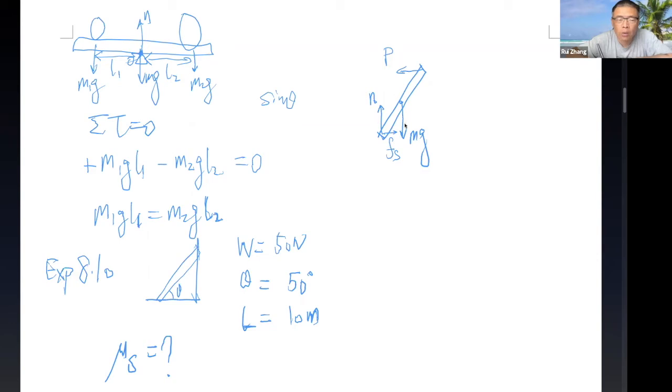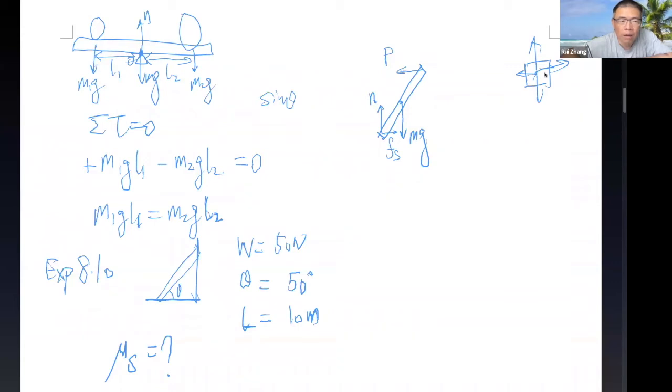As you see here, it is definitely more complicated than the previous case. One thing I want to emphasize is that when you do problems in this chapter, when you do a free body diagram, draw the forces at their actual acting point. In chapter 4, we said that for convenience, you could draw everything starting from the center, and all the forces do not change when you move them to the center.